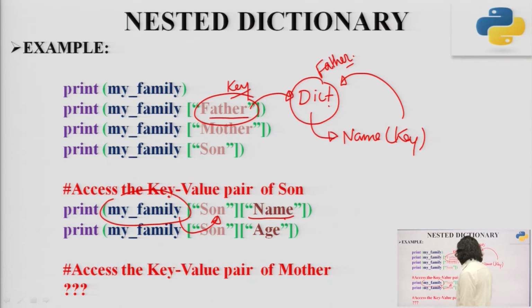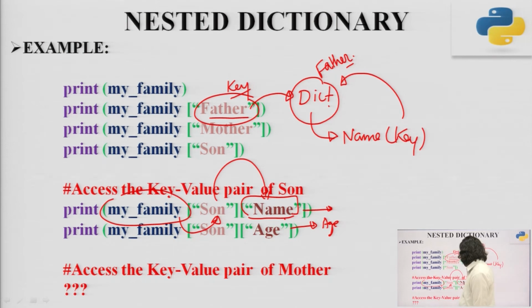Now, when we are accessing the elements, we always use the square brackets, followed by the son dictionary key element name. The value related to the name is the name of the son. Similarly, you can access the value of age of son.